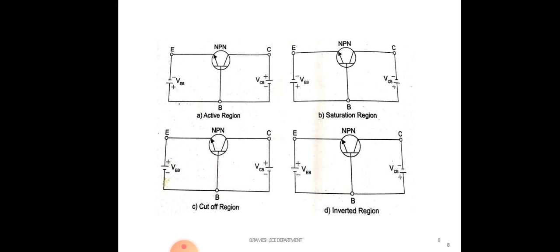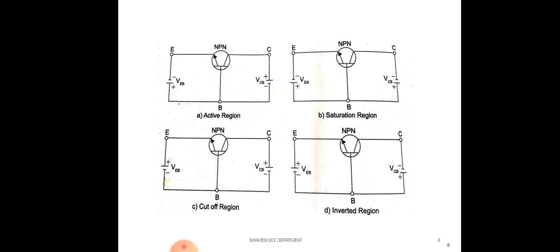Based on which terminal is common at the input side and output side, we name the configuration with respect to that terminal. Here the base terminal is common at the input side and output side, so that is the common base configuration. Generally we take the common base configuration as the ideal configuration, and based on that we can discuss the remaining common collector and common emitter configurations.